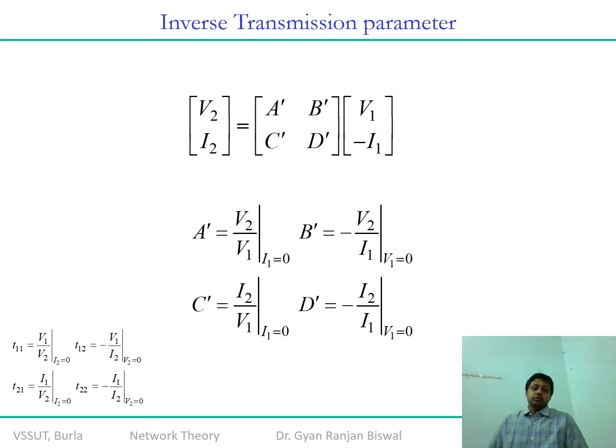Remember that the terminal impedances have completely changed, but the common thing is that the short circuit condition or the open circuit condition applied to calculate the individual parameter or quantity remains the same. So that's why you can say that it is the inverse of each parametric value of the quantity.